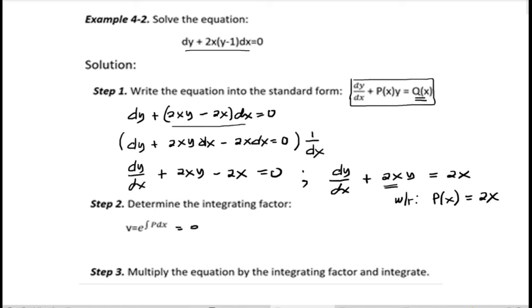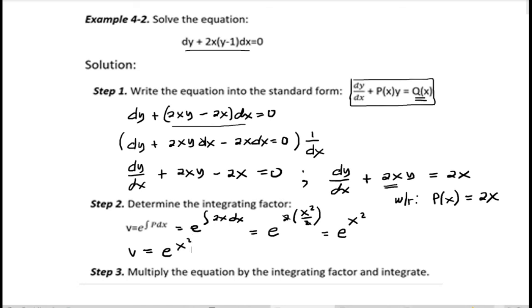I'm going to substitute here the value of our P, which is 2x, then dx, equals e to the integral of 2x dx, which is equivalent to 2x squared over 2, then equals, cancel this one, so you have now e to x squared. Therefore, our integrating factor is e raised to x squared.